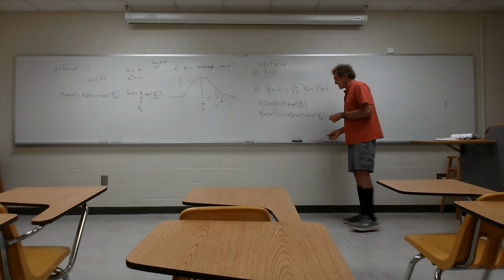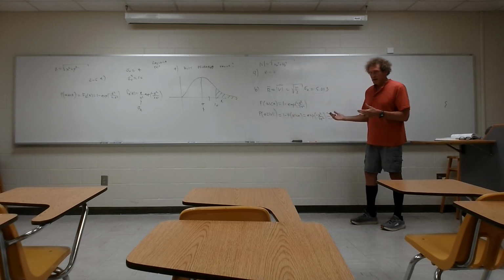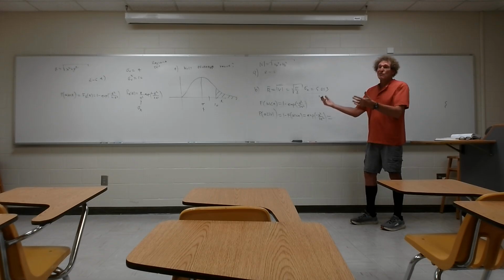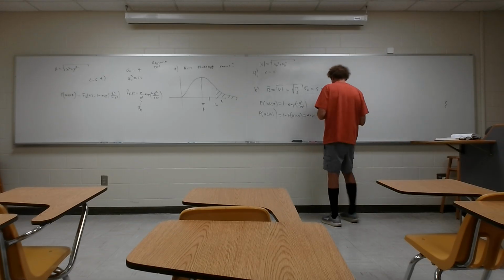That A can be anything, so that's the probability of the velocity in this case being greater than A, right? A for this one was 10, right? Okay, so this should be straightforward.